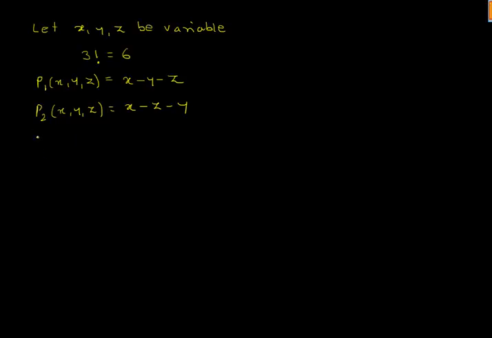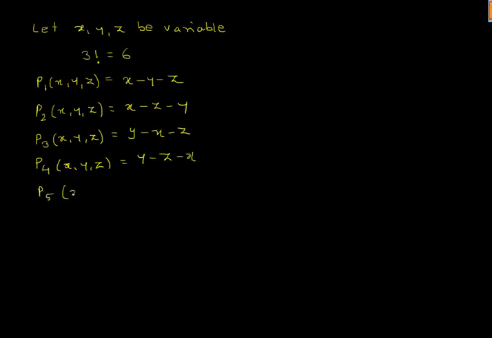Now the third polynomial I generate by using the permutations of x, y, z: y minus x minus z. Now P4, again a function of three variables, is y minus z minus x.